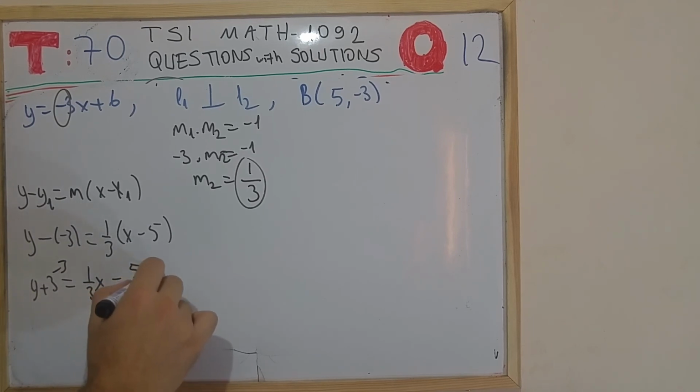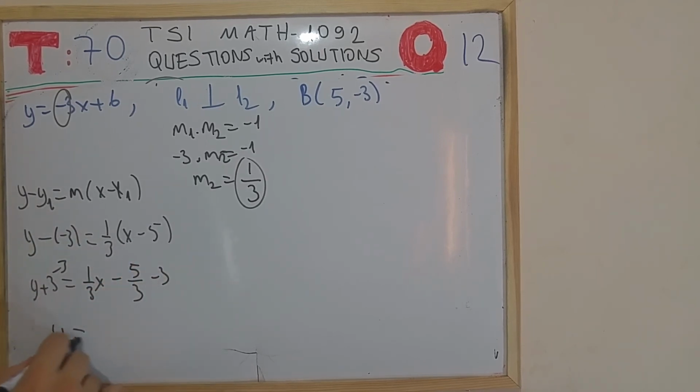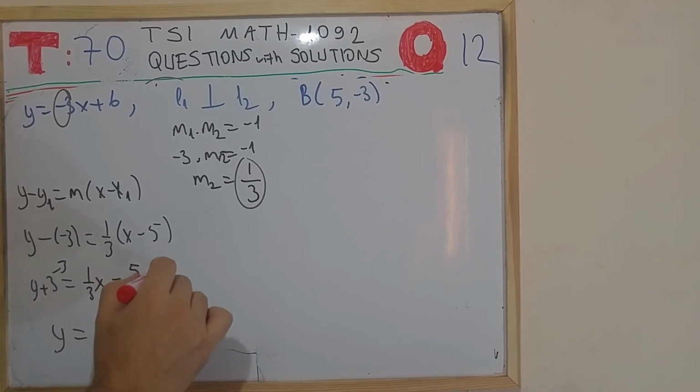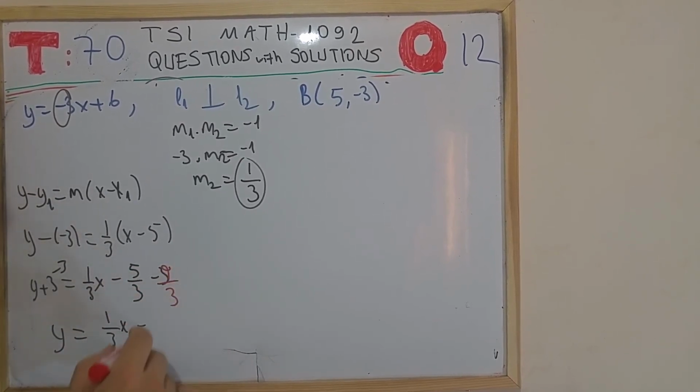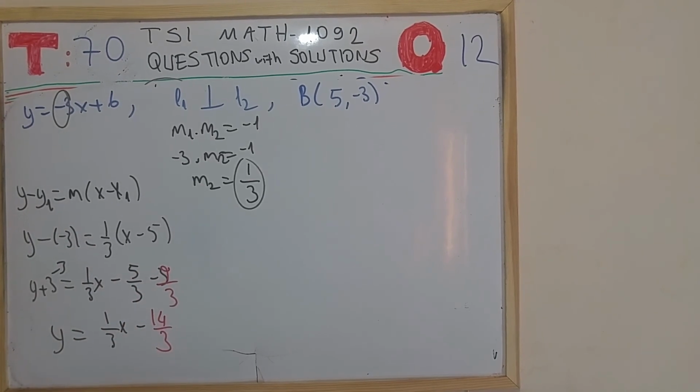When I subtract 3 from each side, y is equal to 1 over 3x minus this. When I expand this by 3, this is going to be 9 over 3, minus 5 plus 9 is equal to 14 over 3. This is the answer.